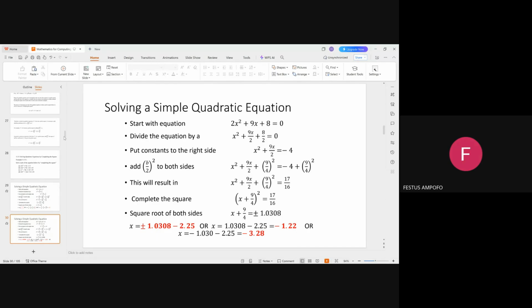Because it means when you are asked to solve by completing the square, you need to use this procedure. If the other one is simple for you, that's fine. That's good. But sometimes you may forget. My problem is the signs. It's not that you don't know, but the minus and the plus.